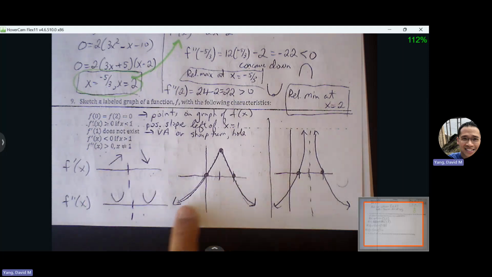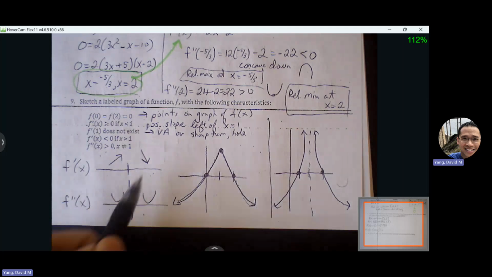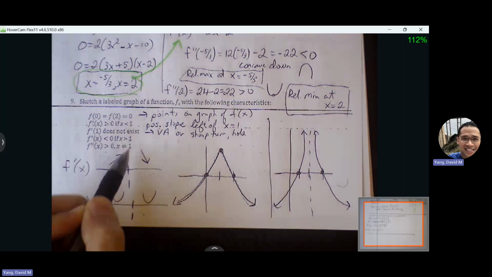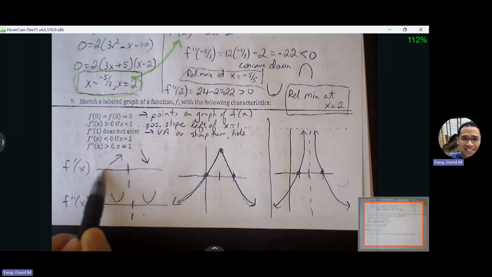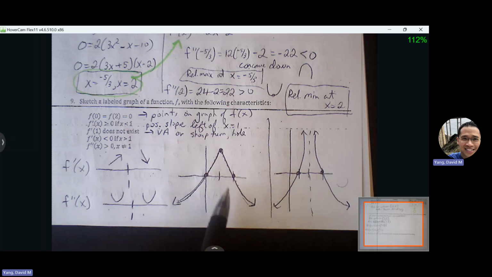But we don't want to create a new path. Sometimes students want to create a new path because they say, oh, concave up, I want to bring that full U shape. But then you're creating a new path. Your path will already be created when you trace with the slope sign line, and you're just retracing that slope sign line with more information about the curve.